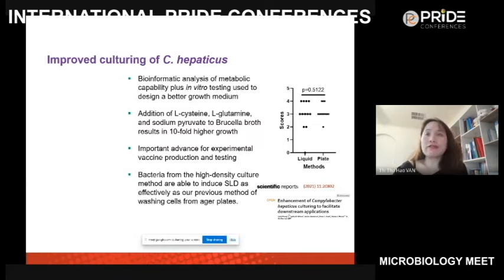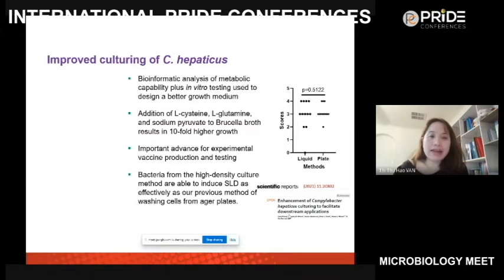For example, if we work on one chicken, we need one plate. If we do the trial on 100 chickens, we have to grow a lot of plates. And because this bacteria is very sensitive and very prone to contamination, we have to grow much more than that. You could not believe how many plates we have to use for each trial.